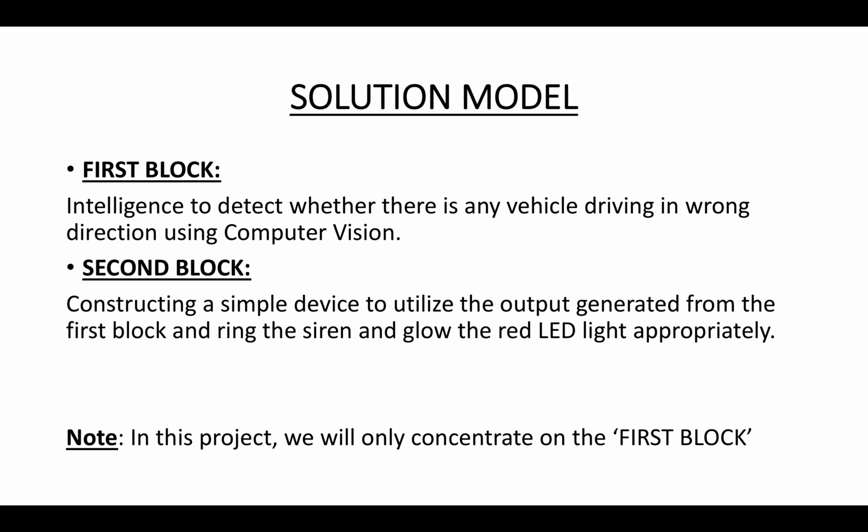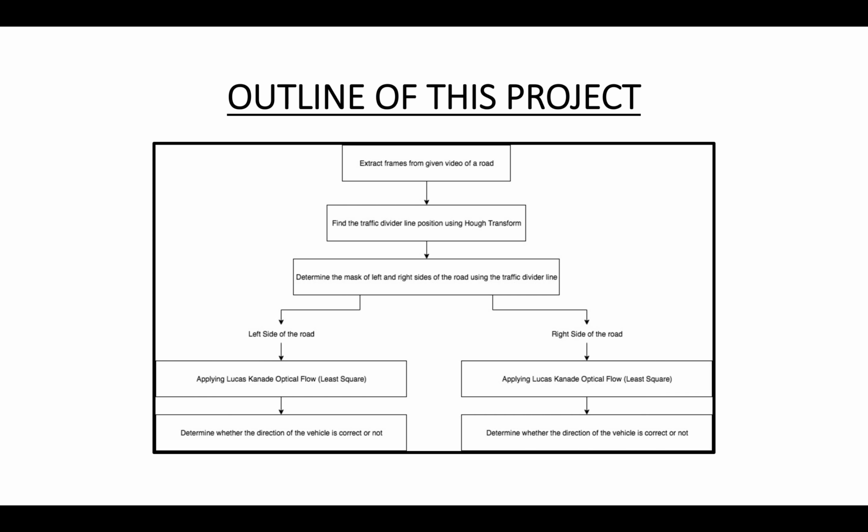In this project, we will only concentrate on the computer vision part, so we'll only be concerned with the first block. This is the complete outline of this project. We extract frames from the given video and then determine the traffic divider line position using Hough transform.